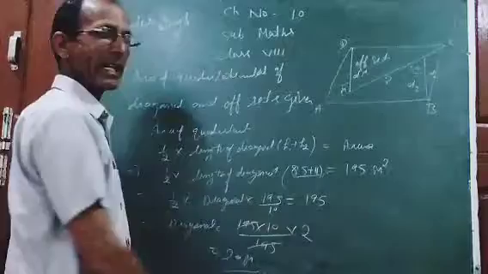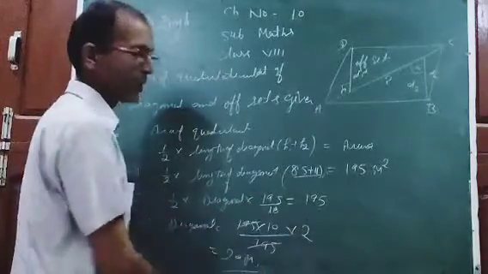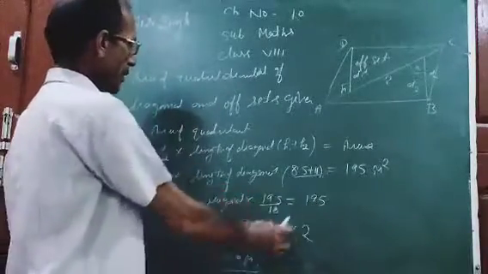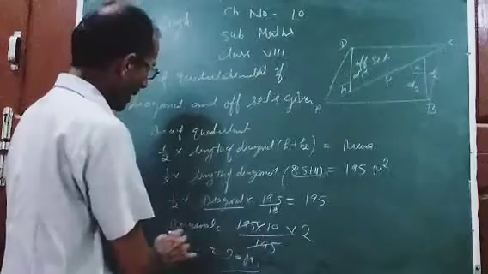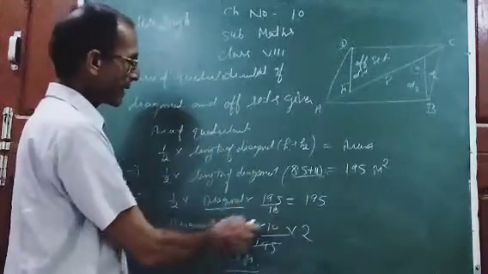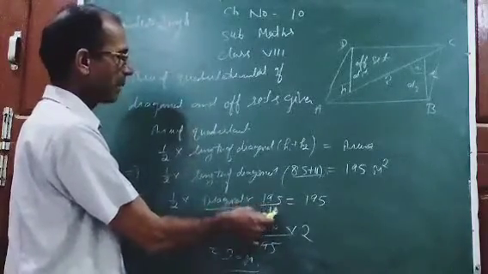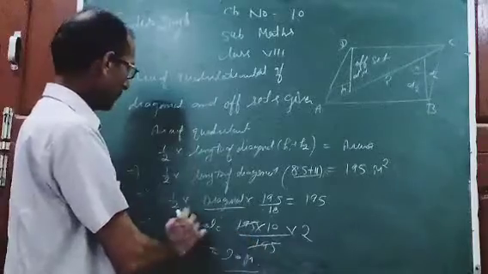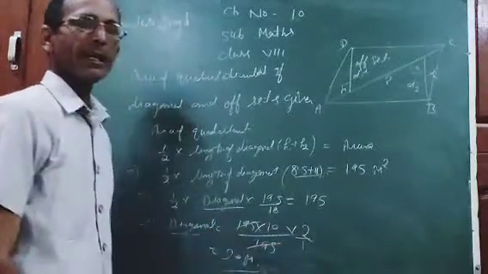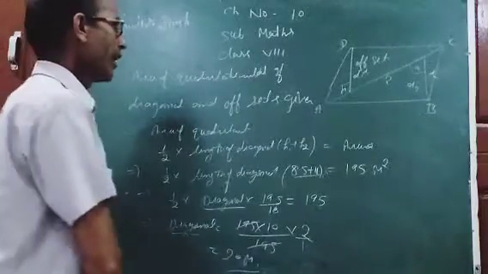So I remove this decimal, and 195 by 10 is equal to 195. We have to find the diagonal. I kept the diagonal on this side, so on that side 195 was already there. So take the reciprocal of 195 by 10, that is 10 by 195. Reciprocal of 1 by 2 will be 2 by 1. So it will be the length of the diagonal. Have you understood? Okay.